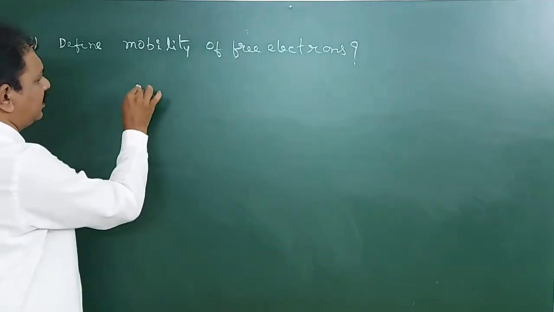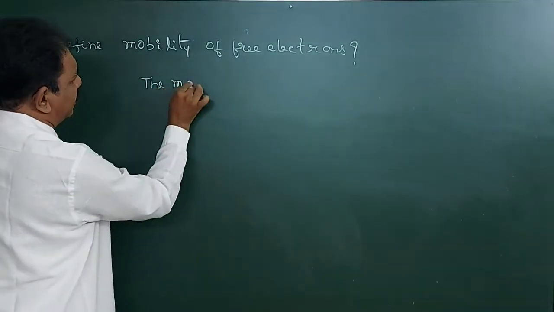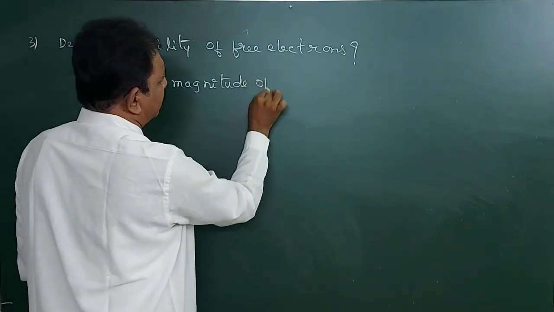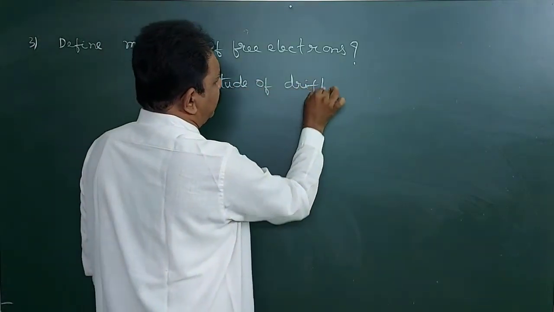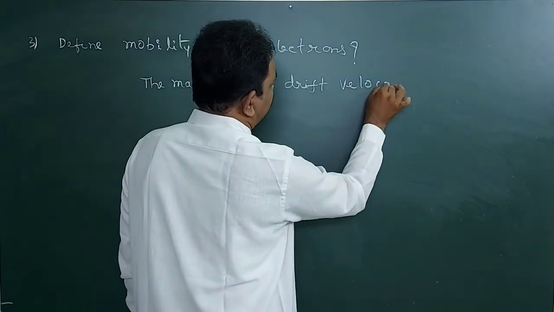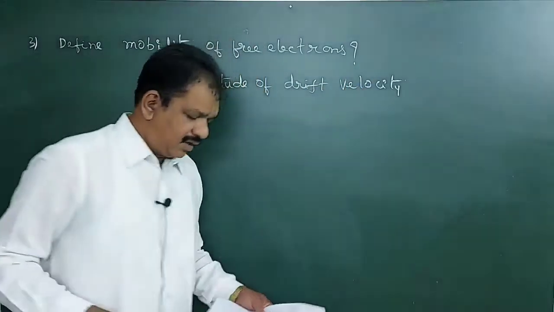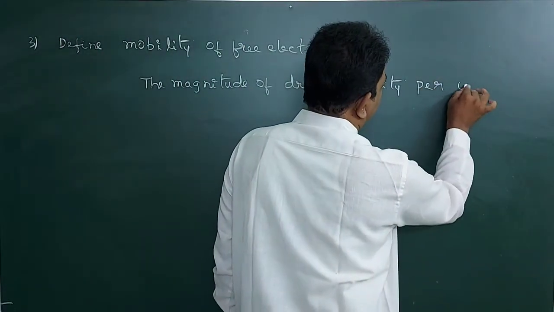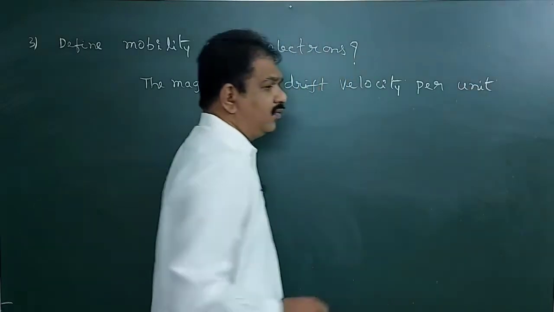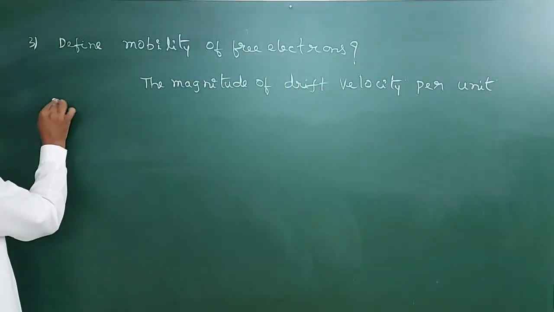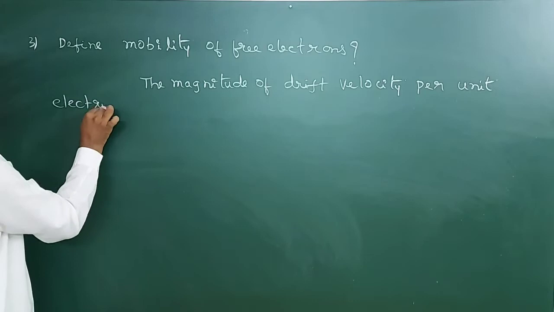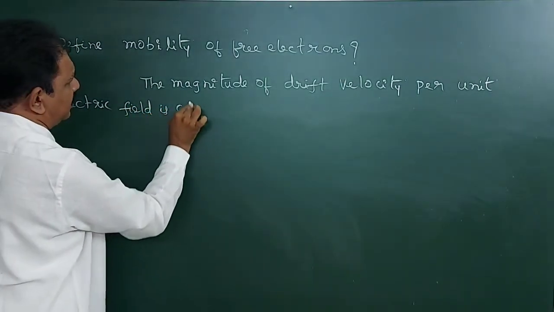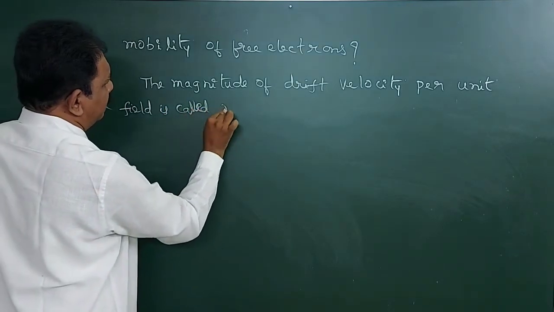How it is defined: the magnitude of drift velocity per unit electric field is called mobility.